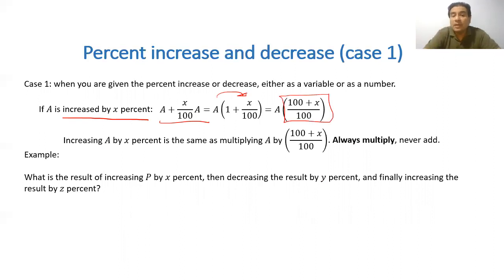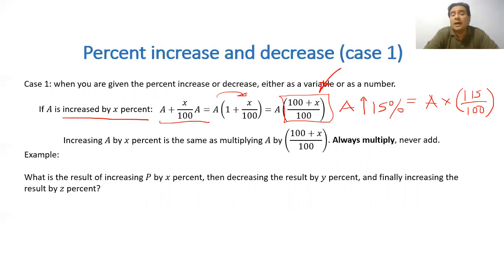So, for example, if they tell you that A needs to be increased by 15%, that means that you need to multiply A times 115 over 100. This factor.